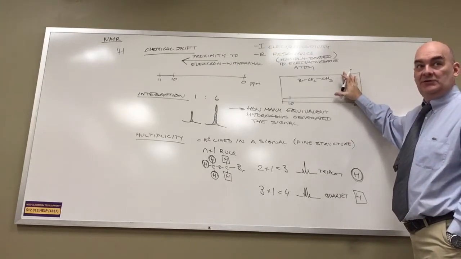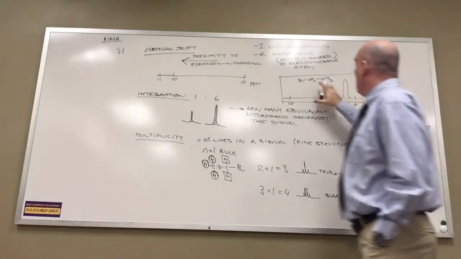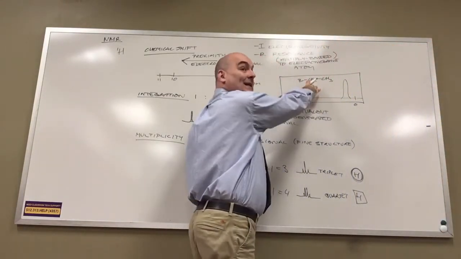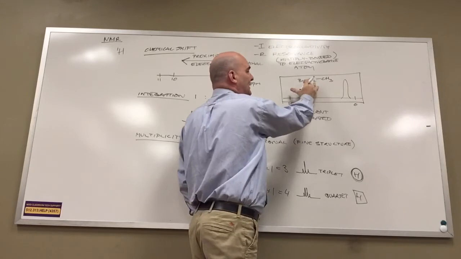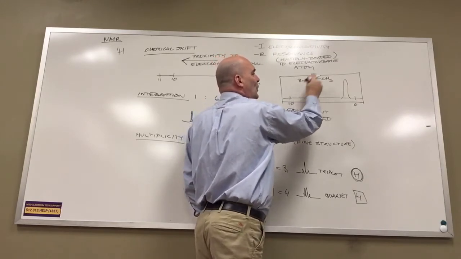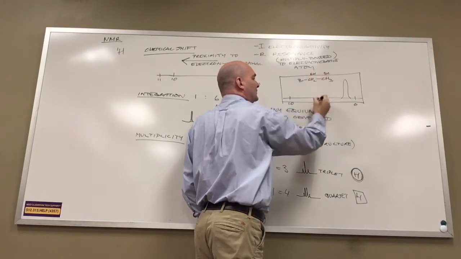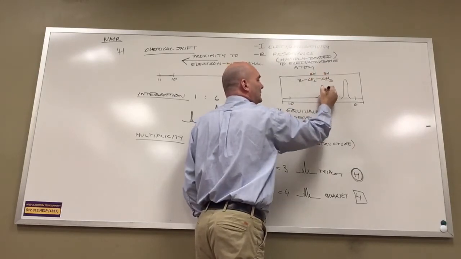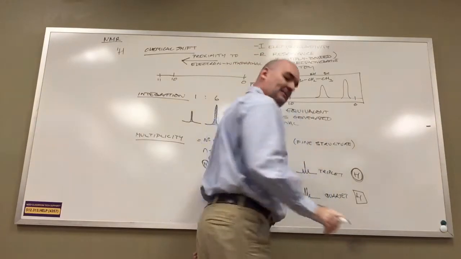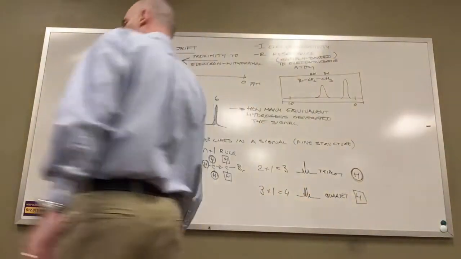I'm going to put some fine structure into it in a minute. But this methylene, CH2s are called methylenes, only has 2 hydrogens in its signal. So I have a 3 hydrogen signal and a 2 hydrogen signal. And 2 hydrogens, no, that's too big. I'm drawing this by hand.